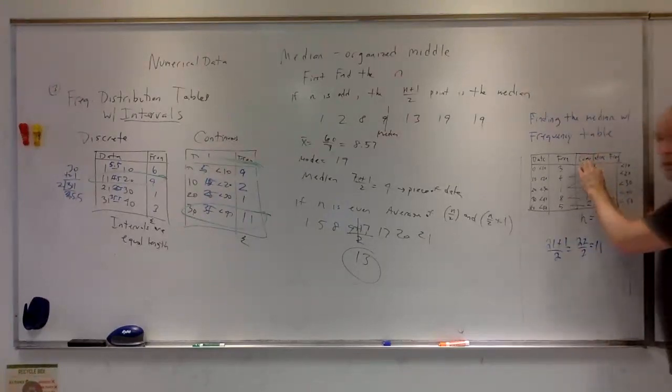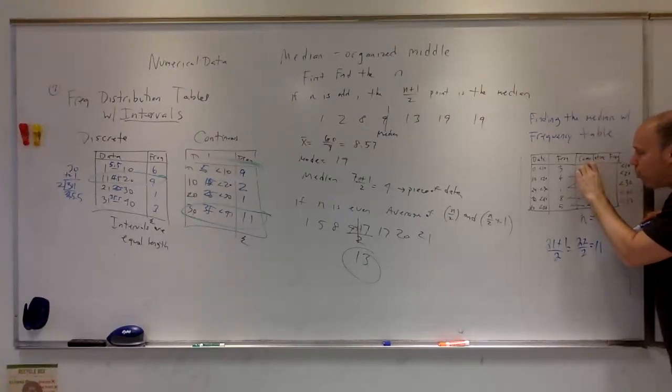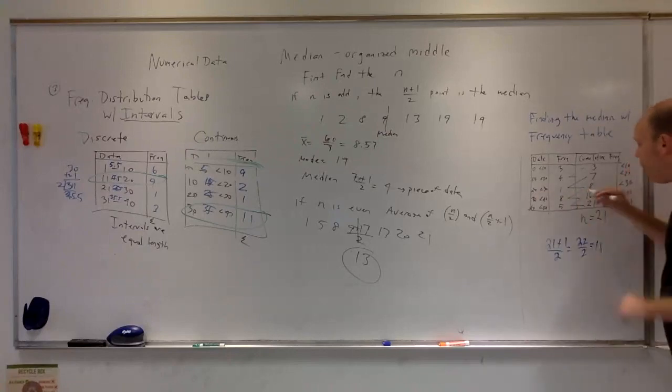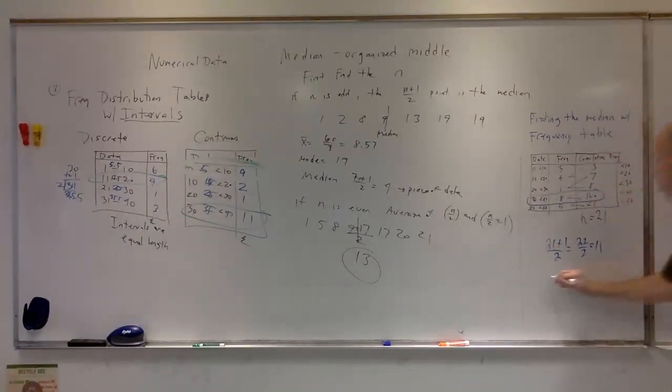This is where the first 3 pieces of data are. This is where the first 7 pieces of data are. This is where the first 8 pieces of data are. And the 11th piece of data is in this interval. So 30 to less than 40 is the median.